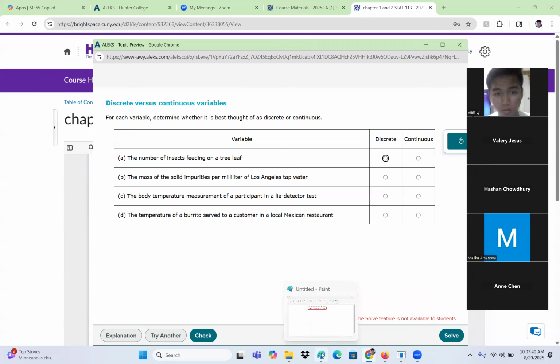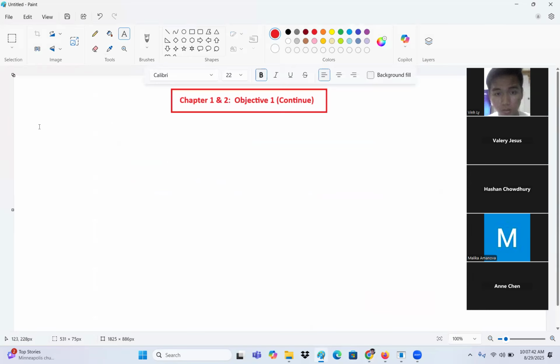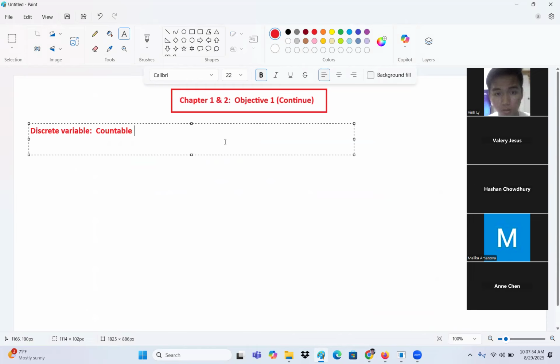So let me put it down real quick. For the discrete variable, it's basically countable, so it can be measured precisely, can be counted precisely what it is.